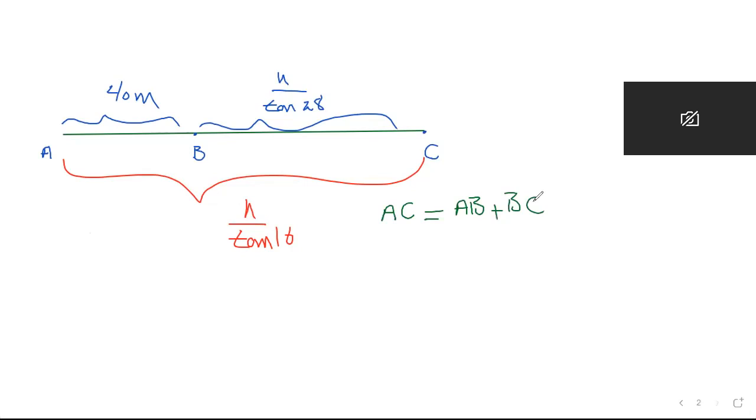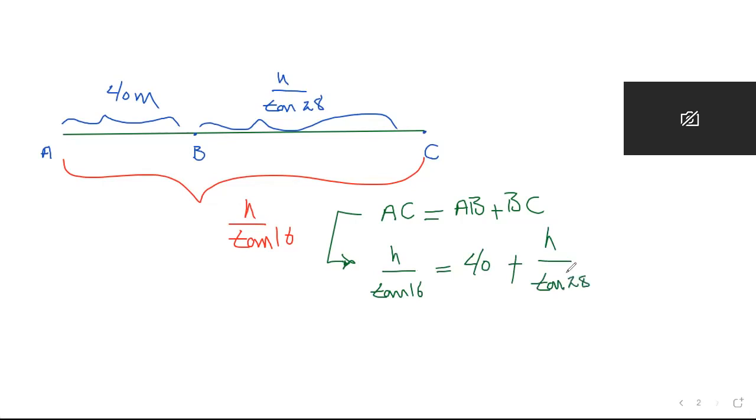Now let's substitute the values in there. How much is the AC? That's right, h over tangent of 16. How much is AB? 40. How much is BC? That's right, h over tangent 28.